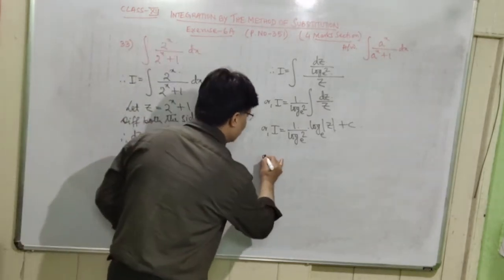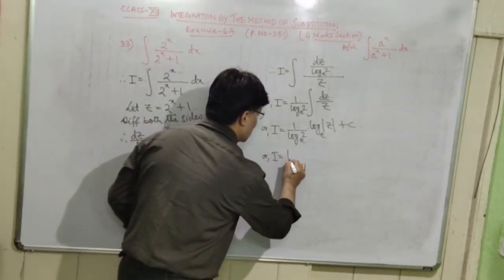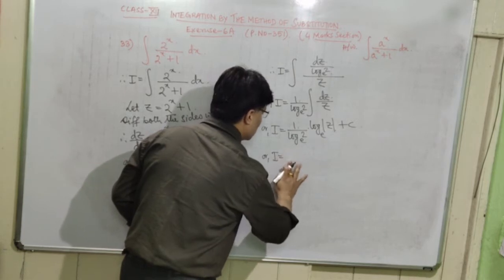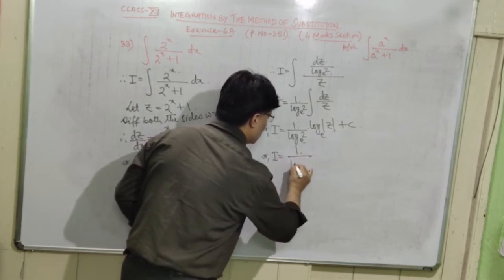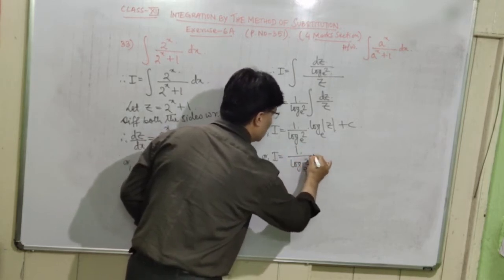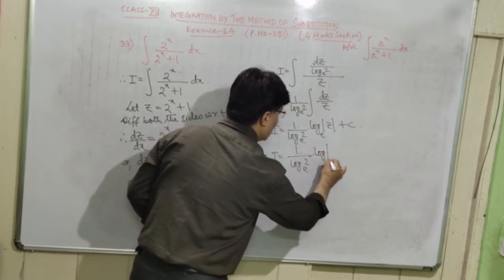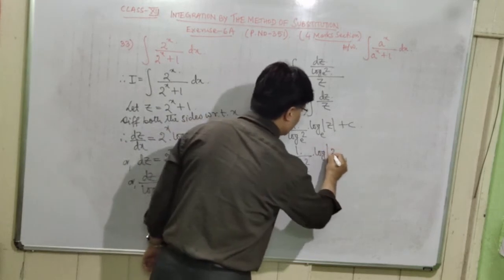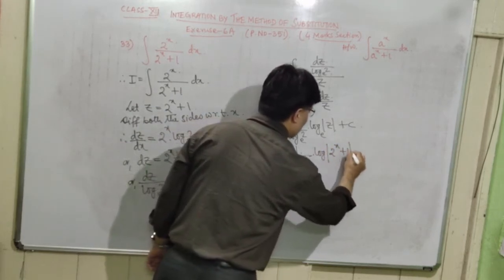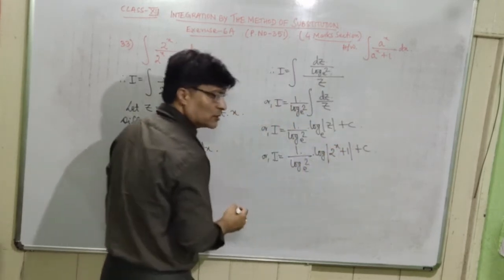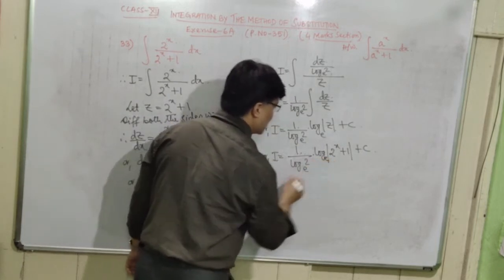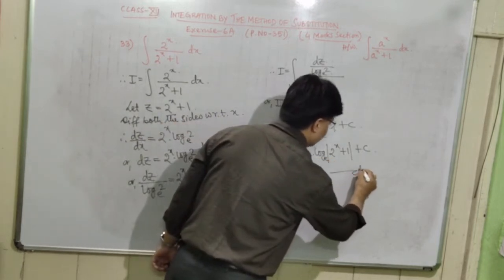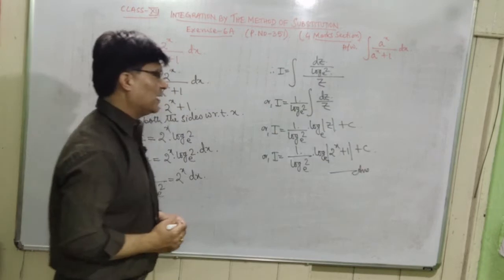We can put it here, so I is equal to 1 upon log 2 base e into log within mod 2 to the power x plus 1, plus c. So what is the base in this case? It is e. So this is the final answer.